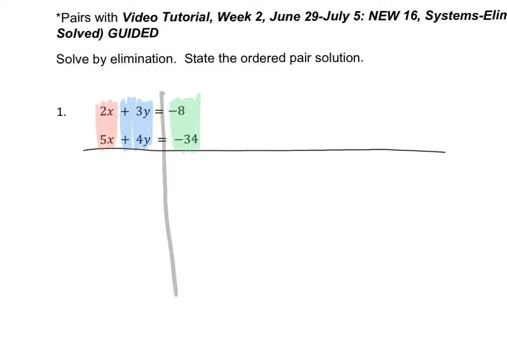So looking at the signs, you could be somebody who says, I'm going to eliminate the x's every time. And you could use that. You could say, I'm going to eliminate the y's every time. And you could use that. You could be somebody who decides each problem. You could alternate, and that works. You could base it on the signs, and that's okay too. For this one, it really doesn't matter because the signs are all positive.